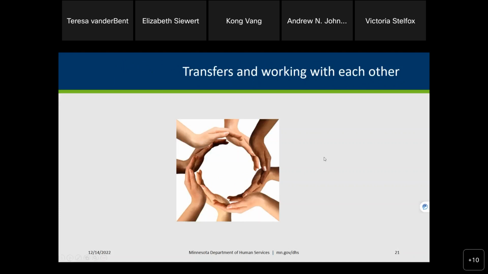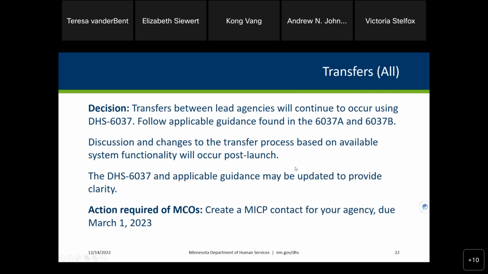So I want to talk just really briefly about working with each other, specifically about transfers. There has been some concern about how we are going to do transfers when we launch, and we're letting you know that we are going to continue in the present mode that we have been working with.